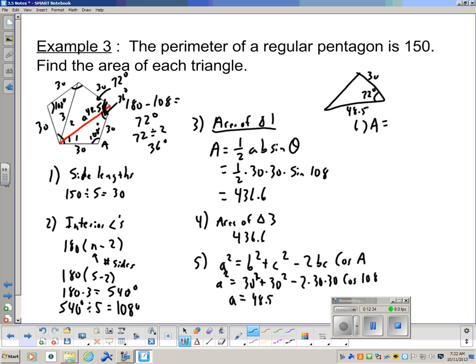So I'm going to plug those in. I've got area equals 1/2 ab sine C, 1/2 times 48.5 times 30 times the sine of 72. Again, I had that side angle side situation, so I can use this formula. So when I do that, I get 691.9. To be continued on the next video.